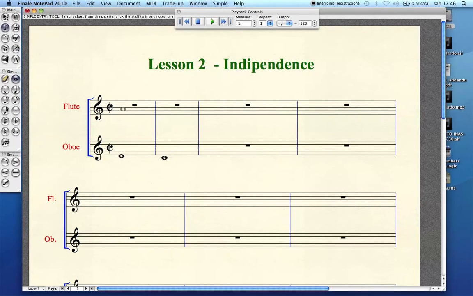So if I put a fifth here, for example, I cannot go down and make a parallel fifth, because it was considered like you lose independence. There are two similar sounds, the fifth. So I cannot have two fifths in a row like this.